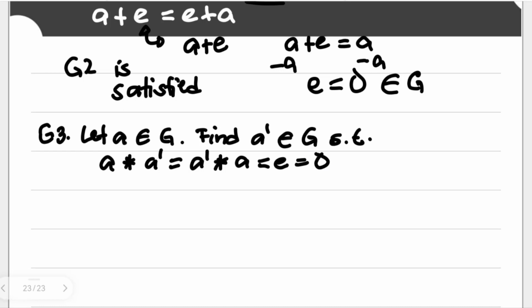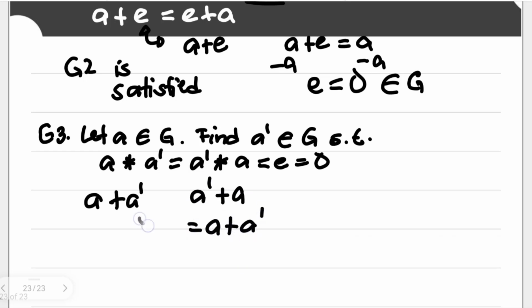If we could identify the element A inverse for all A element of G, then we can say that G3 is satisfied. So, using usual addition, this is A plus A inverse. The other one, A inverse plus A, can also be written as A plus A inverse. So we have the same expression now. This time, we have A plus A inverse is equal to E, which is 0.